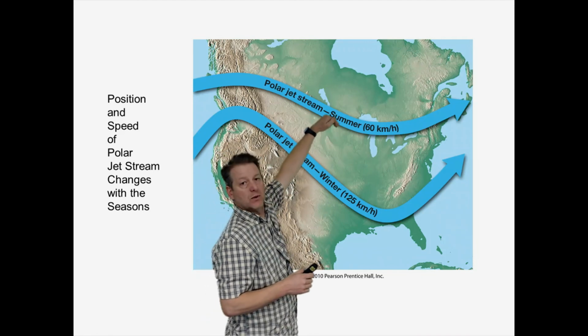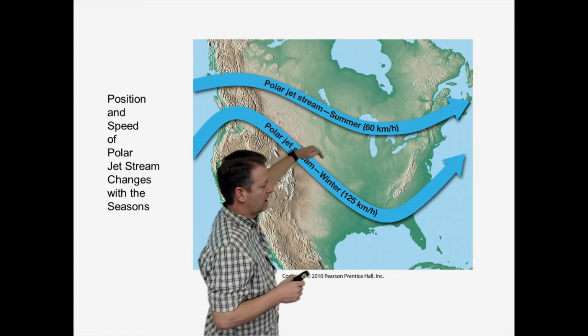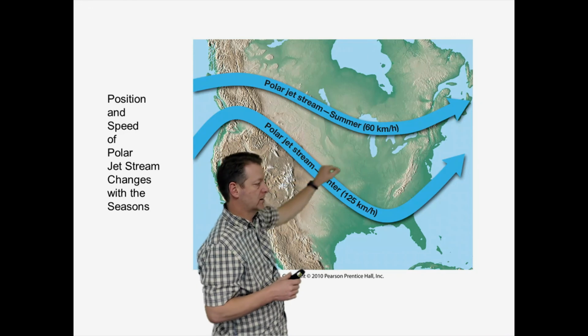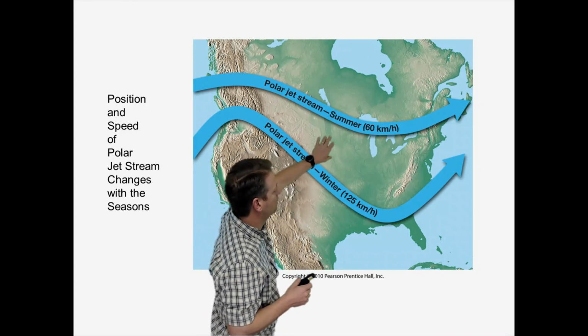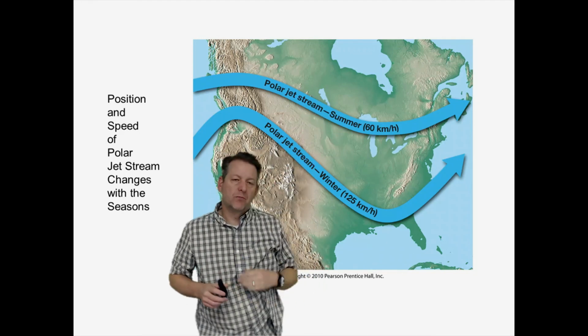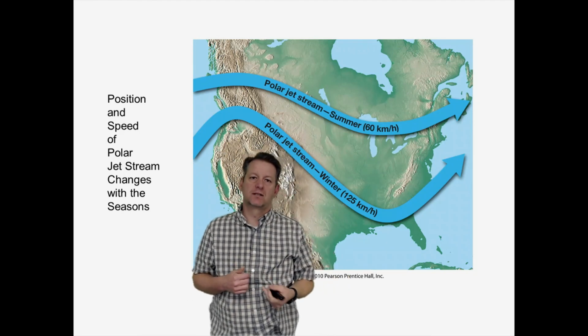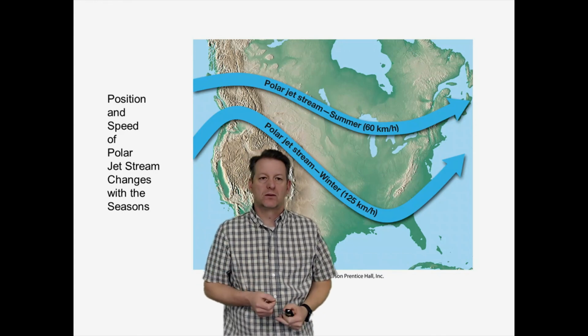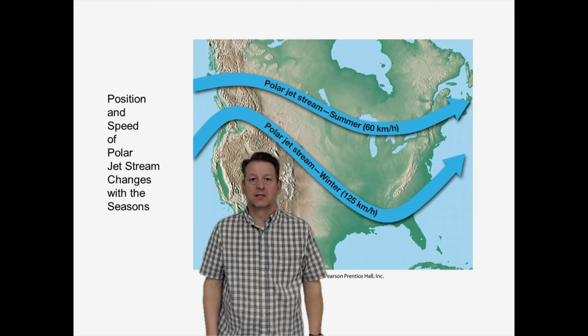But then as winter comes around, this jet stream will drop, and if it drops down low, then we tend to get colder air. So this is going to be warm, this will be cold. Summertime, this will be warm and this will be cold. So we pay close attention to the jet stream and where it is in our location, and it will help us to see what the weather's going to be like and what's going on with our seasons.